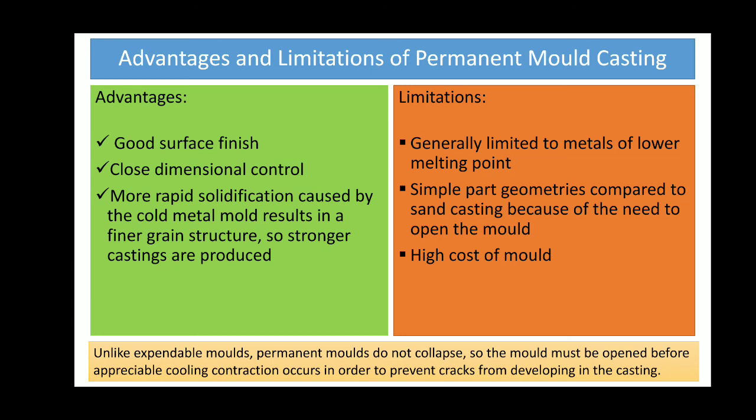The cost of the mold is high, as it is made of metal, and we have to choose the mold metal properly depending on the alloy system or pure metal we are working on.